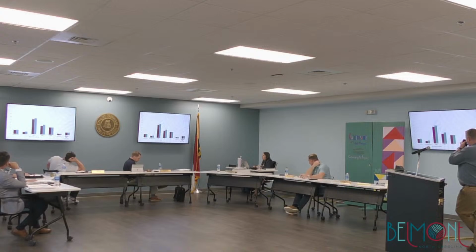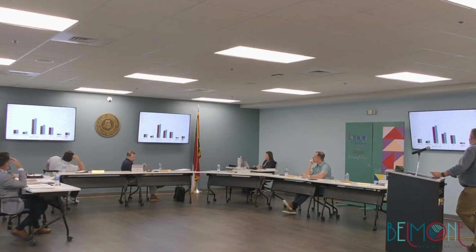This is telling that same story. It shows you the amount of each department in the overall budget, but it also compares it to the prior year. So you can see the slight increases in those departments. Streets pretty much stayed the same. Recreation, slight increase there.